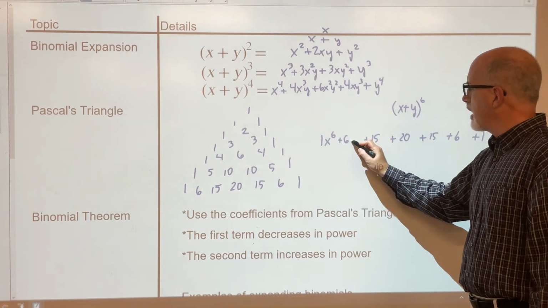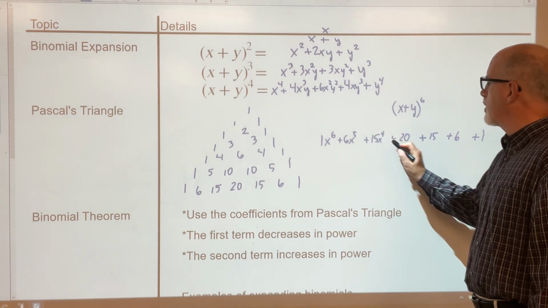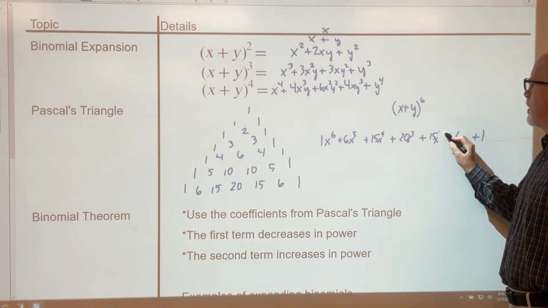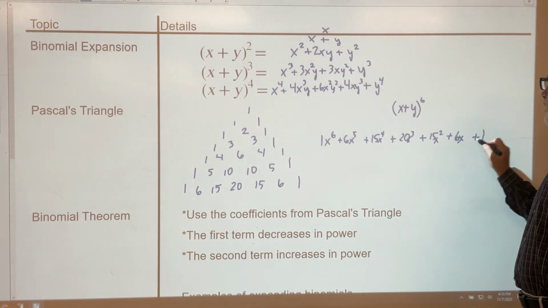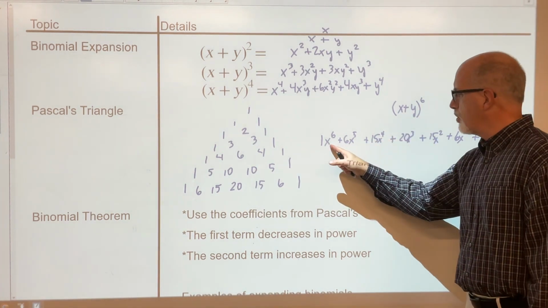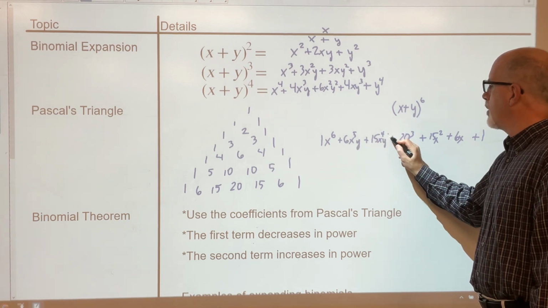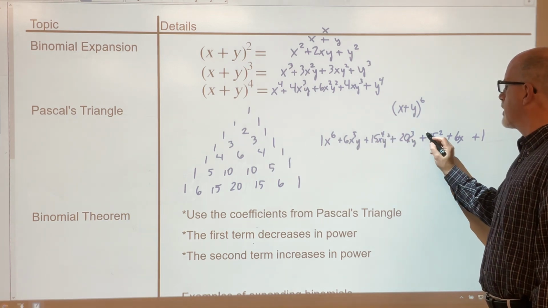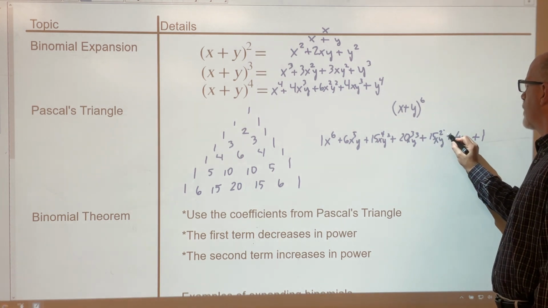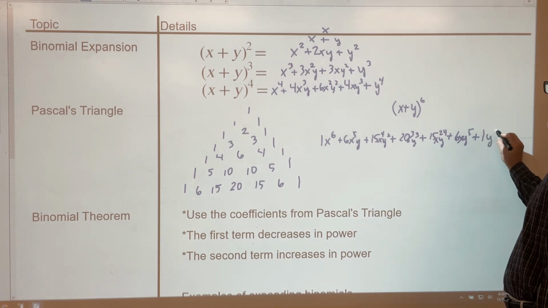Then I'll have the x's go down in powers: x to the fifth, x to the fourth, x to the third, x squared, and then x, and then no more x's on that one. And then I have the y's start with no y's, and then y to the first, y squared, y to the third, y to the fourth, y to the fifth, and lastly y to the sixth.